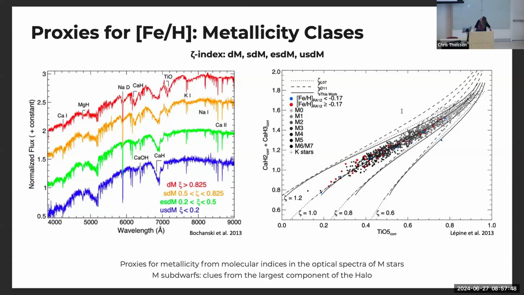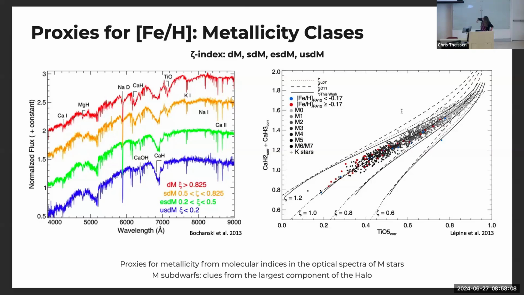And this is because when the stars get metal poor, it's harder basically to make a molecule that includes two metals. So titanium oxide basically disappears, but since there is plenty of hydrogen in the star, you can still, for example, have the hydrides. And this is basically the metallicity classes.